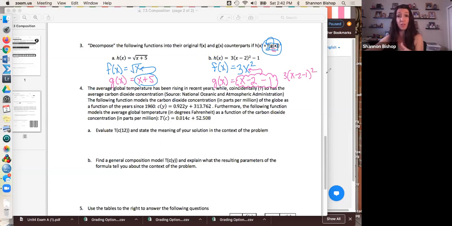If you have the minus 1 in your g function, then minus 1 would get plugged inside the square. And you're like, no, I don't want that. I don't want the minus 1 inside the square. Okay, well then that means the minus 1 wasn't composed. If you don't want the minus 1 on the inside, then you don't want the minus 1 getting composed. So that didn't work either.